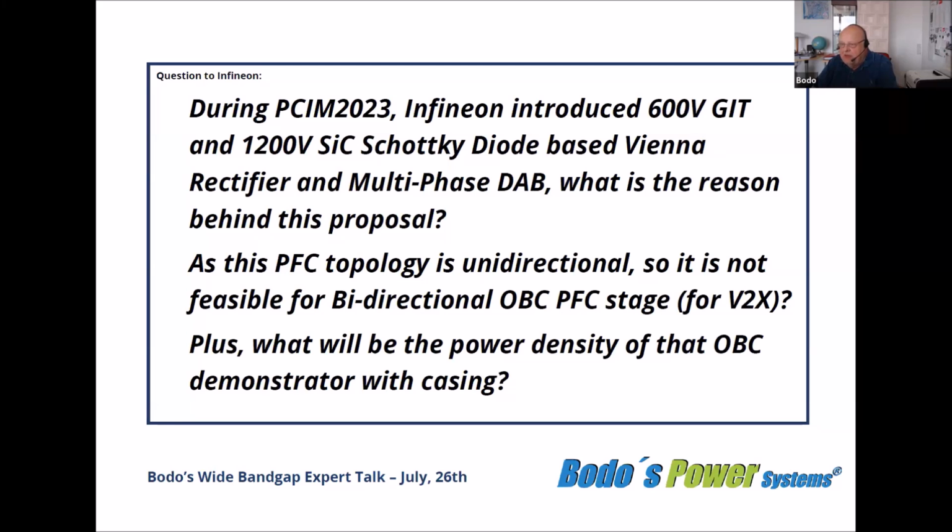What's the reason behind this proposal, as this PFC topology is unidirectional, so it's not feasible for a bidirectional OBC PFC stage for V2X? Plus, what will be the power density of that OBC demonstrator with casing?